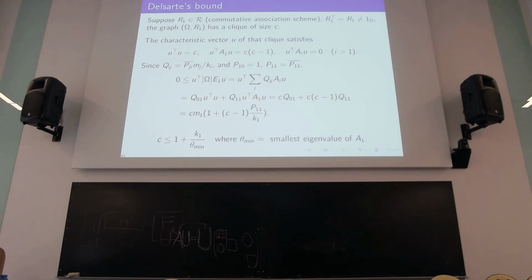Also, P_11 is the eigenvalue of the first adjacency matrix, so you may write it as theta, an eigenvalue. The inequality is optimized, giving the strongest bound, if you take the smallest negative eigenvalue. So this is the bound for cliques in a graph defined by an association scheme.